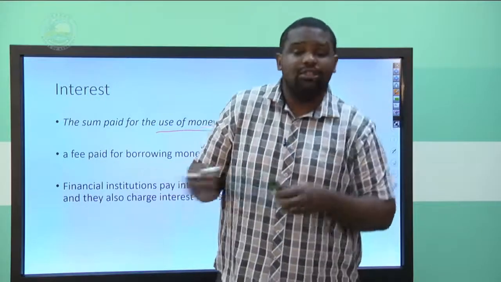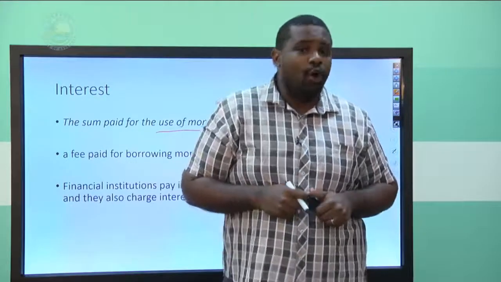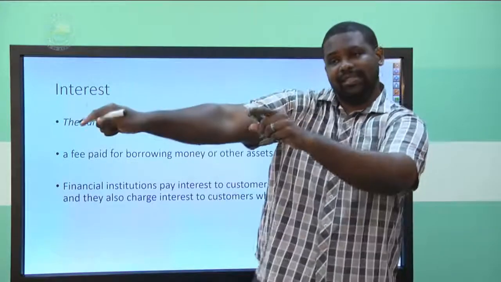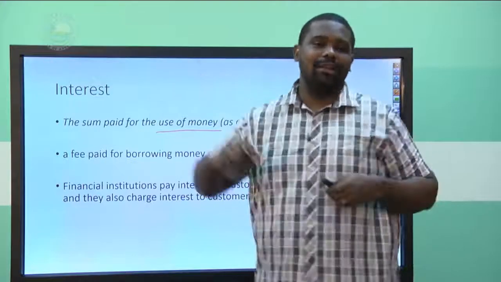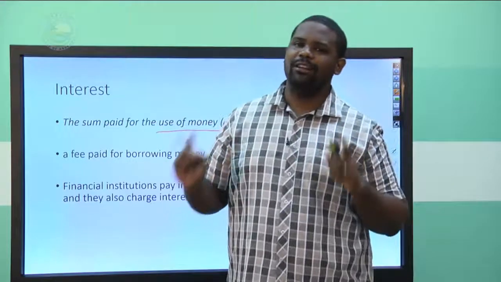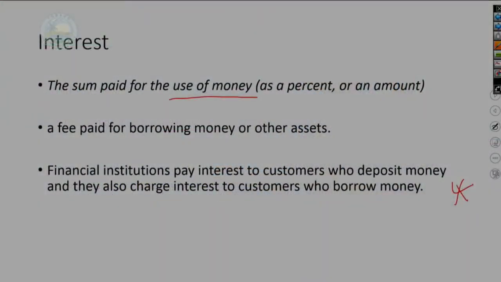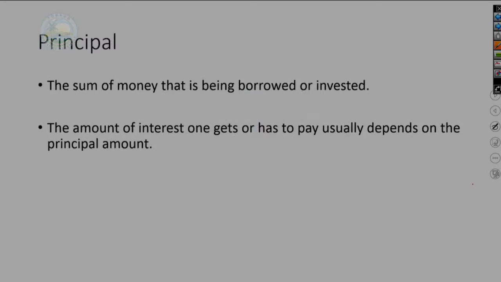So if you want to use it, you will have to pay interest. Or if you are letting someone else use it, then they are the ones to pay interest. You understand that? It's an important concept to get. All interest is that additional amount of money that is obtained or must be paid for using money.